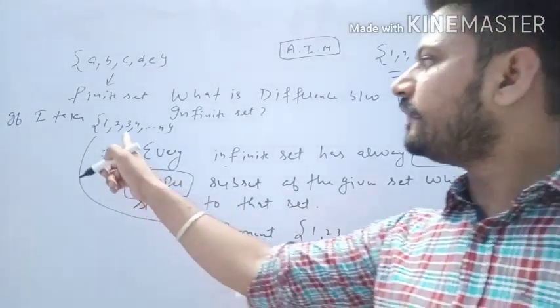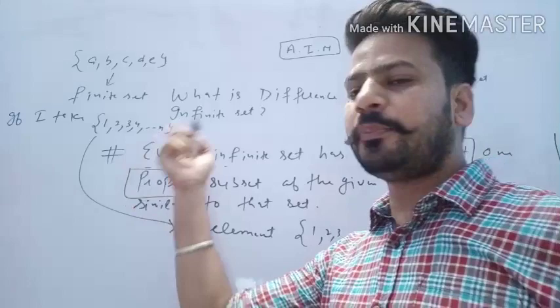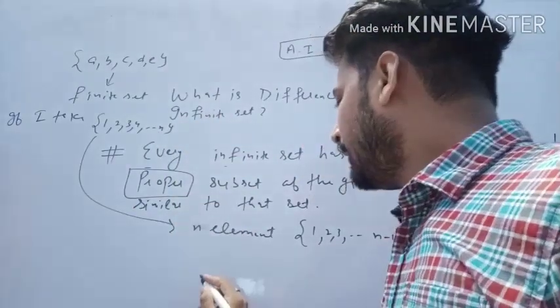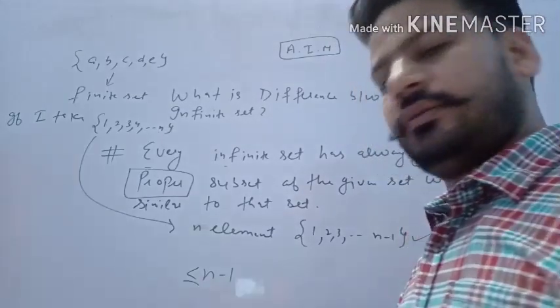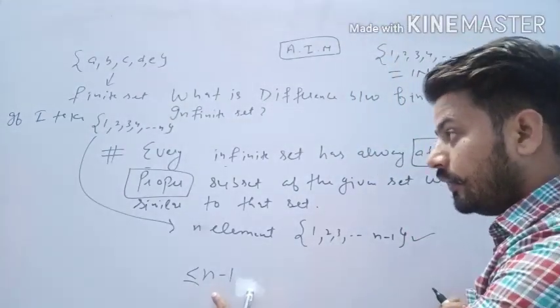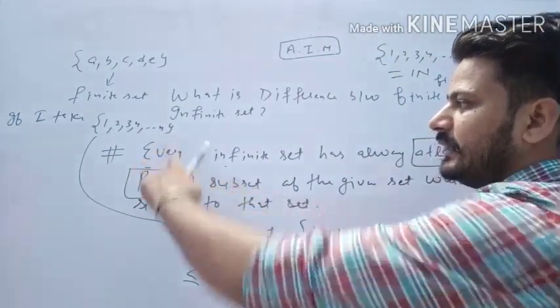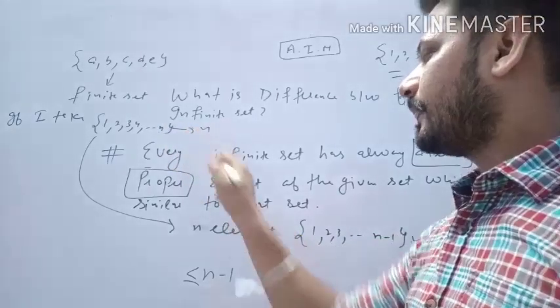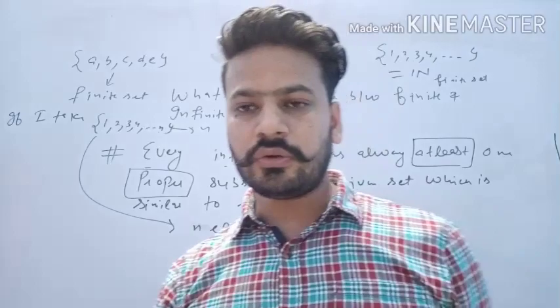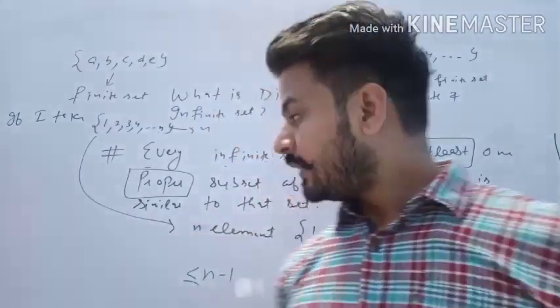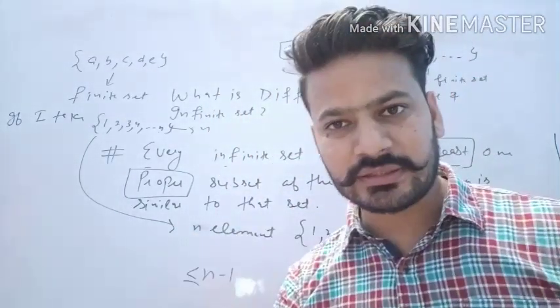So if a set has n elements, a proper subset has n minus 1 elements or less, maybe n minus 2, maybe n minus 3.